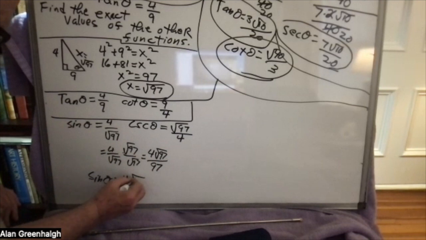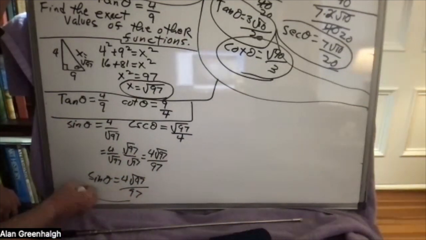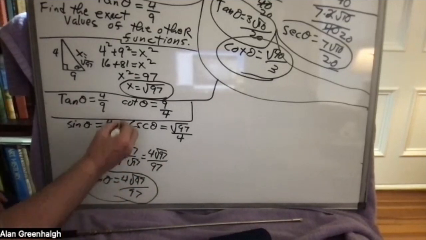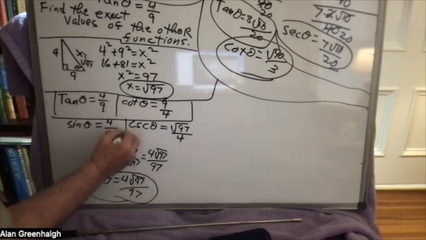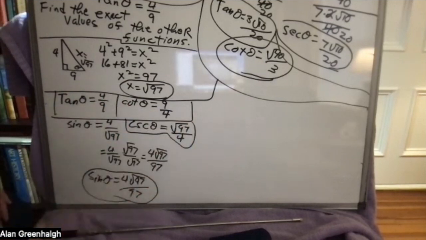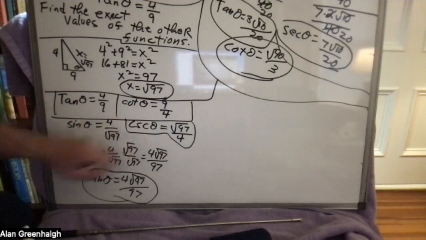But that's the answer nonetheless. And cosecant is much nicer to look at, right? Because that's equal to the square root of 97 over 4. So there we are. We've gotten 1, 2, 3, 4.